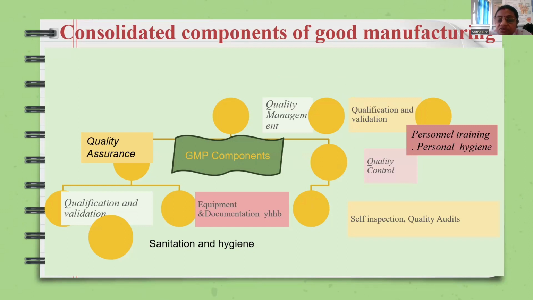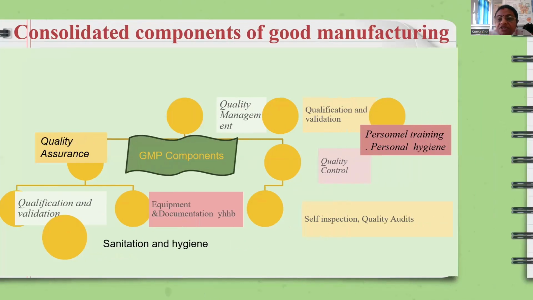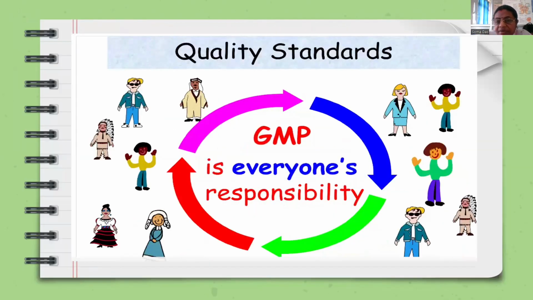Those are the GMP components: quality management, qualification and validation, personnel training, quality control, self-inspection, sanitation and hygiene. So these are the various components of GMP that make up the consolidated components of good manufacturing.